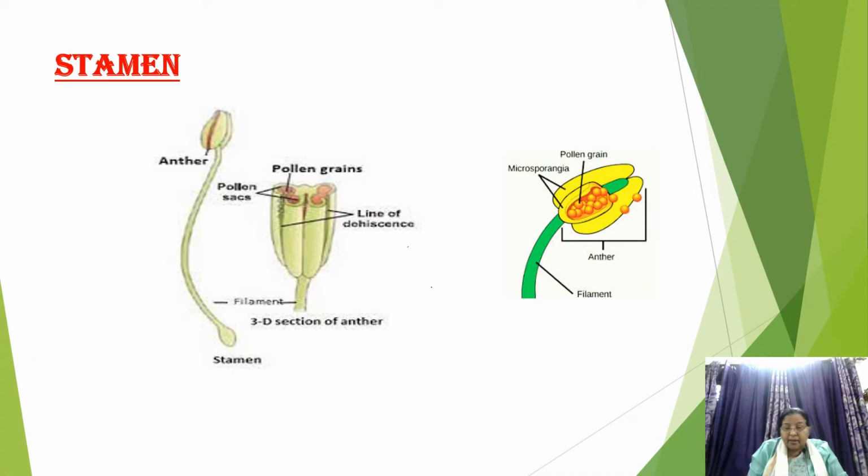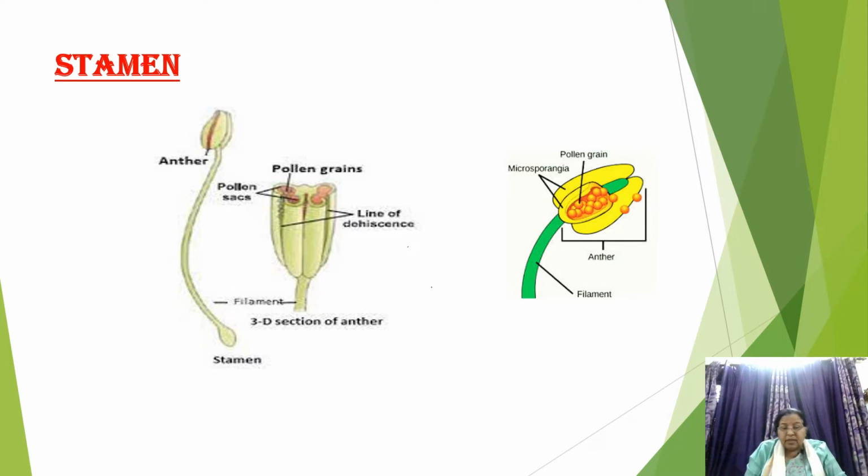Anther is a bilobed structure. These two are bilobes, two lobes. These lobes of the anther actually have four chambers. In each lobe there are two thecas, so this anther is called the dithecous anther.